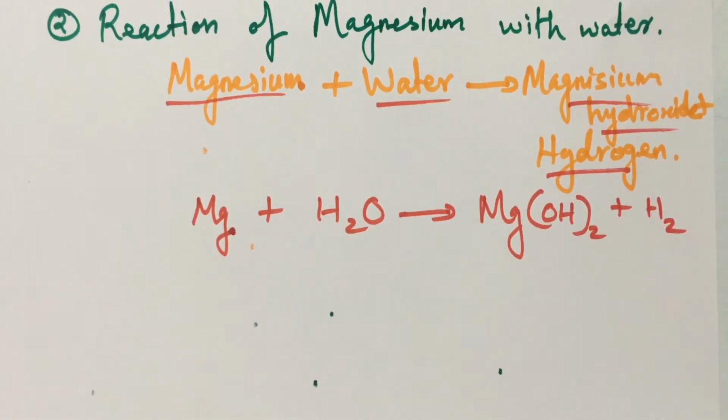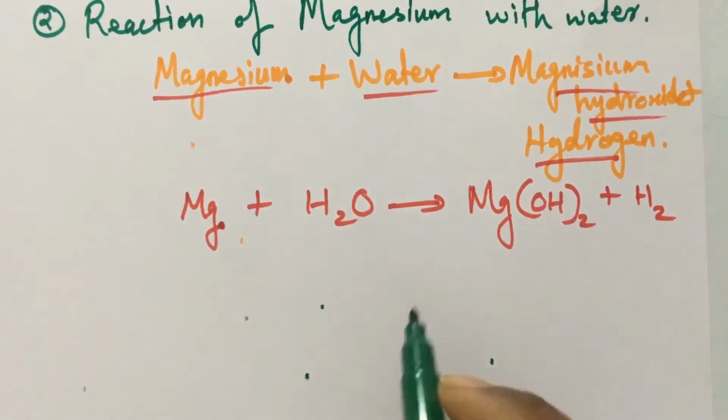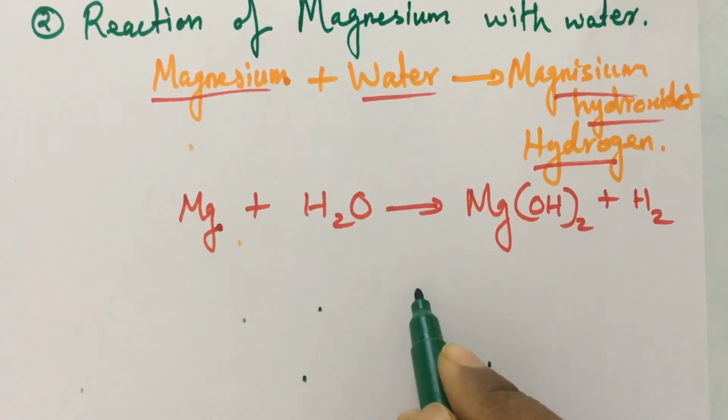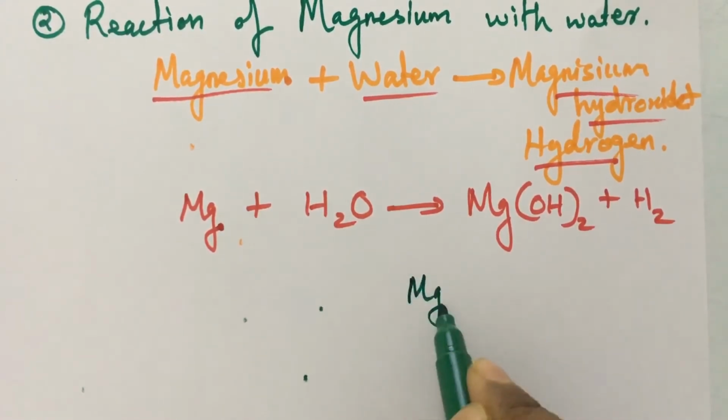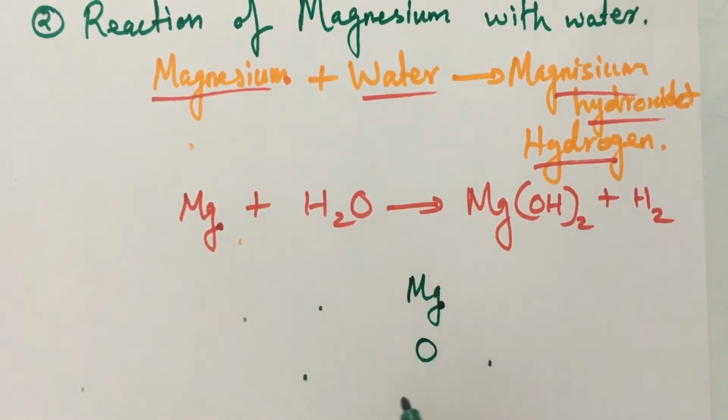Now the next step is to go for the hit and trial method, in which we balance the equation, right? Let me write the elements present in it. We have Mg, then we have oxygen, and we have hydrogen.